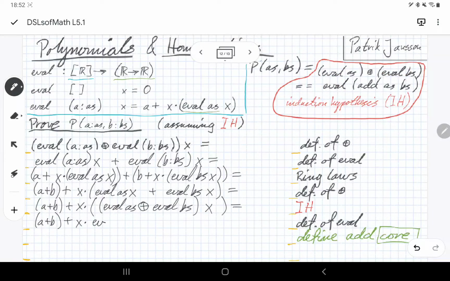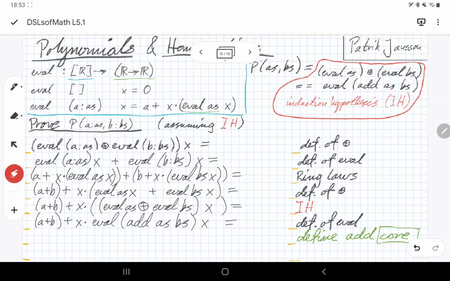So this is eval of add as bs, and then applied to x. Okay, and now I recognize the pattern here, that I have some constant x times a call to eval applied to x.